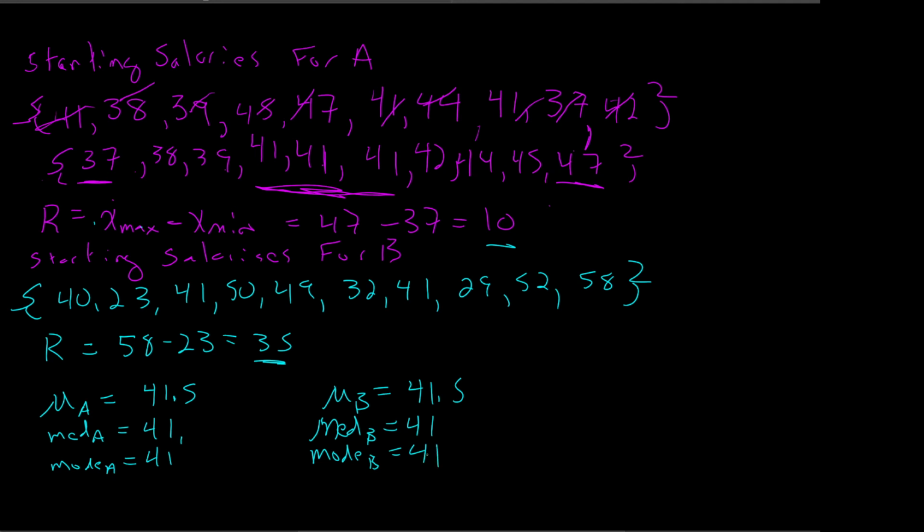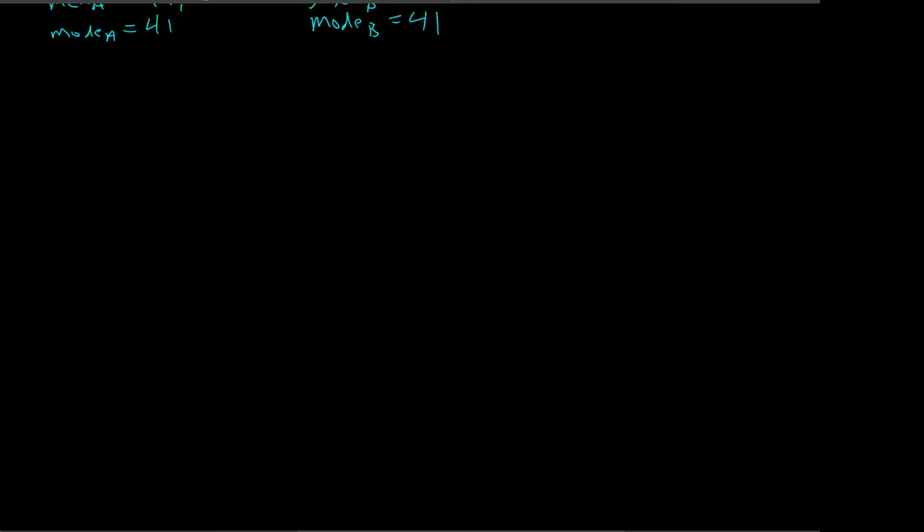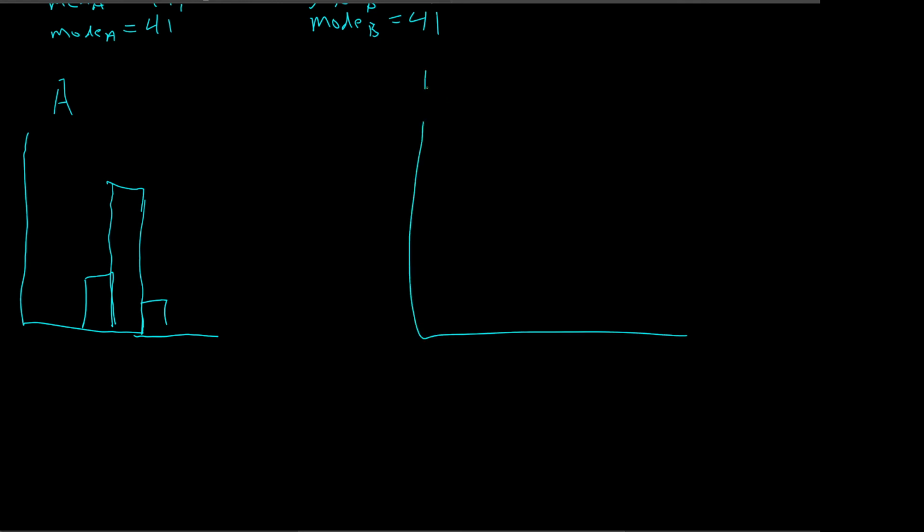these data sets are very, very similar, but if we were to graph them, if we were to put them into a bar graph or a histogram, A would look like this, while B has this general look to it.